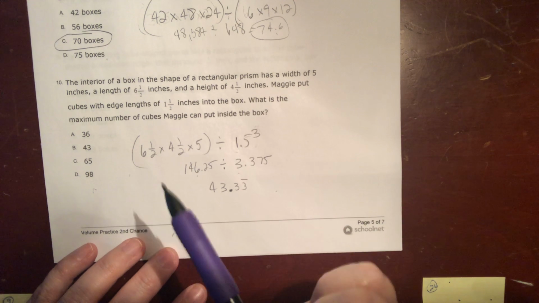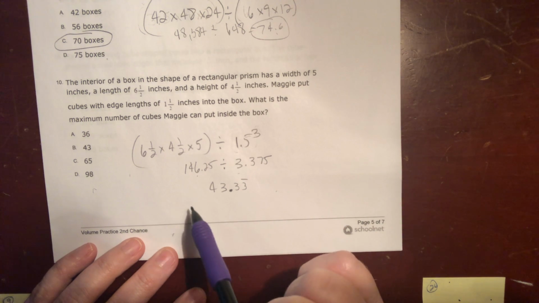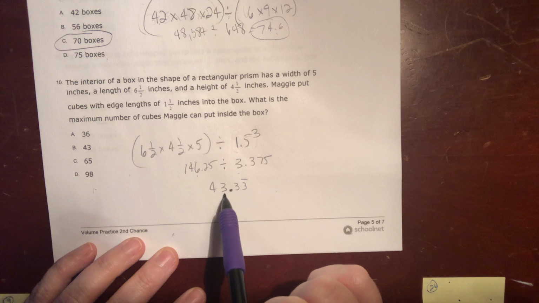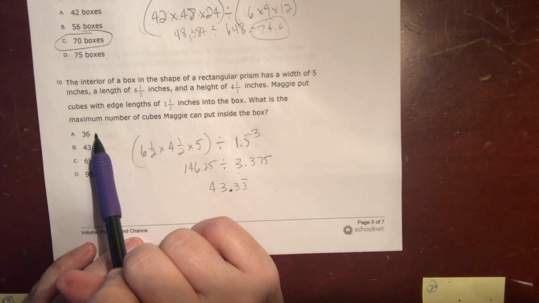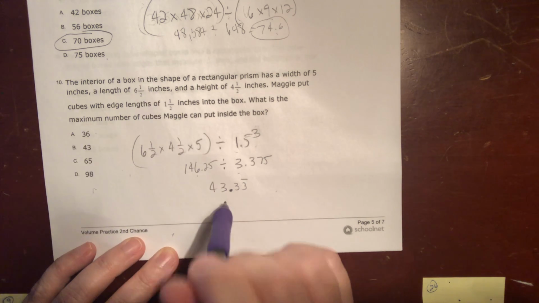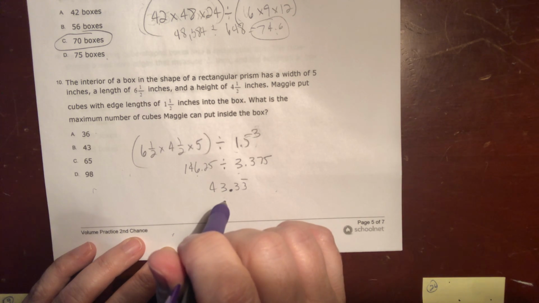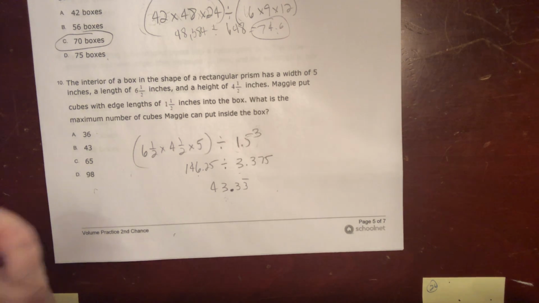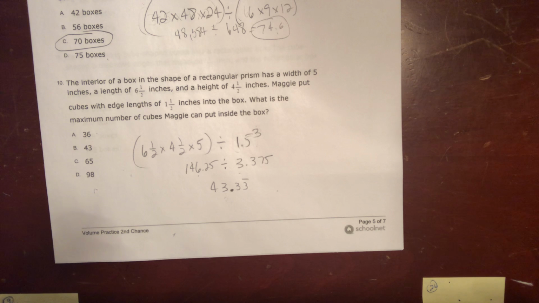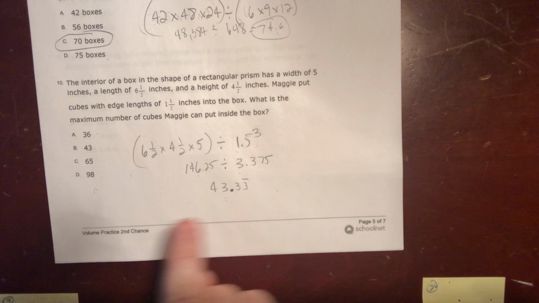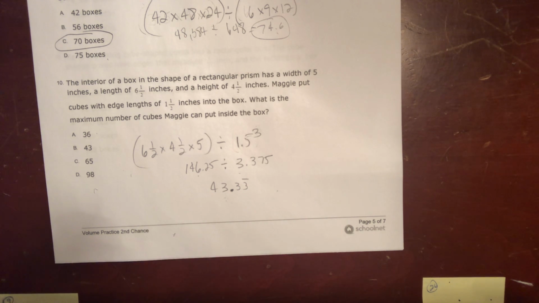So the best possible answer says A. But you could put 43 in there. Let me make sure. Let me go back. Okay. So 6.5 times 4.5 times 5, 146.25. 1.5 times 1.5 times 1.5 is 3.375.